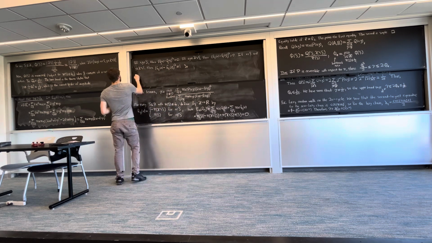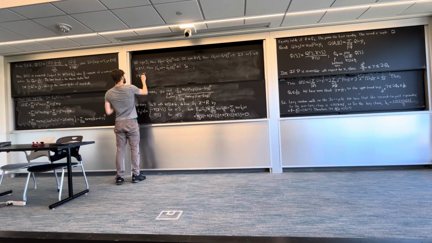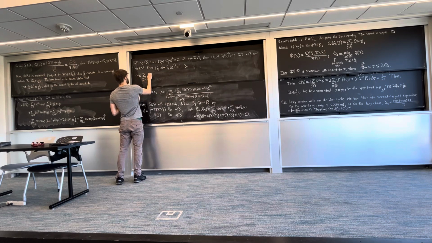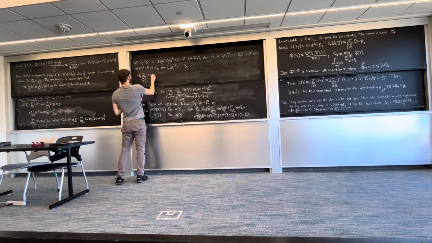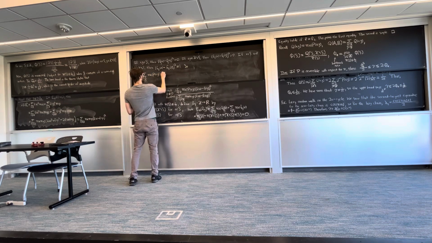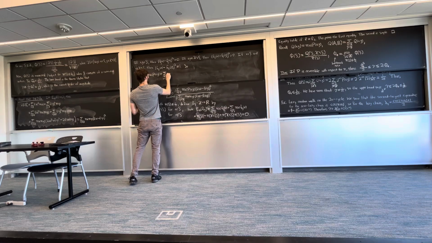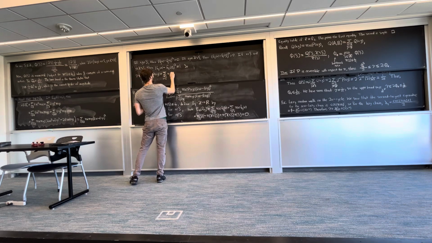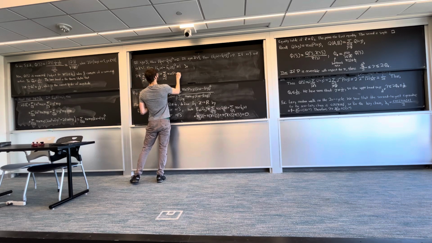So gamma is less than or equal to the sum over x in S, y not in S, of pi(x) P(x,y), plus the sum over x not in S, y in S, of pi(x) P(x,y).